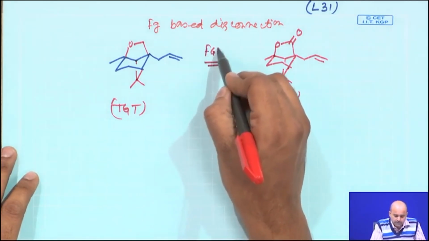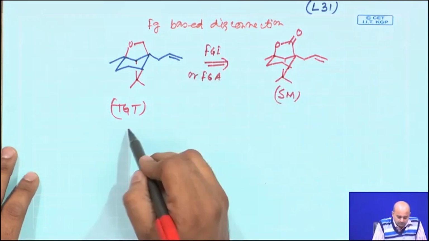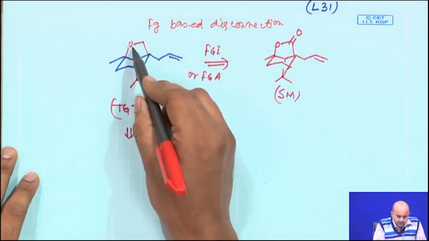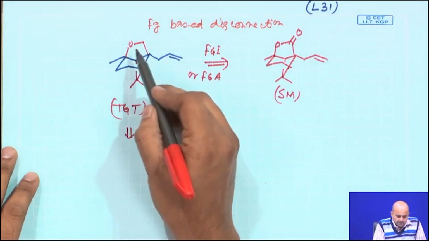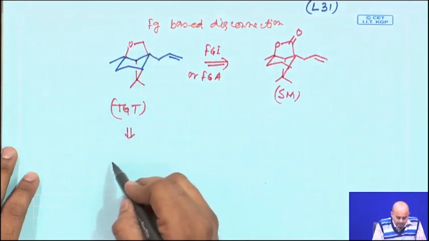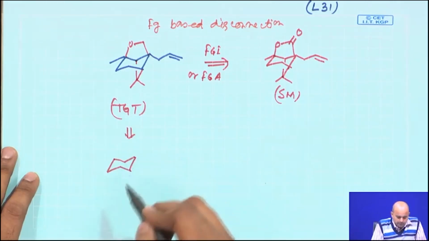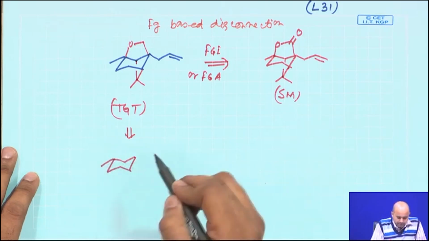Now, in the target, this part is an ether, a 5-member ether on a cyclohexane framework. 5-member ethers are normally known as tetrahydrofuran.